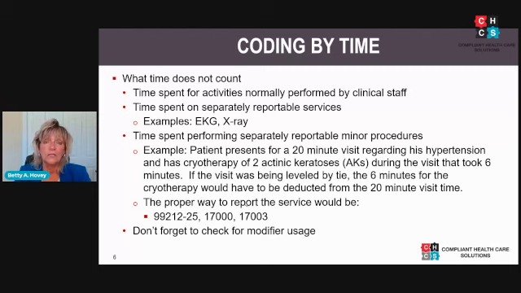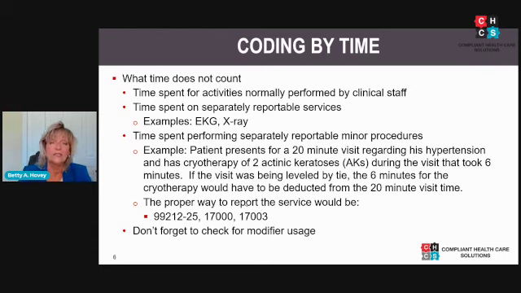Or it could be documented as a total of 14 minutes was spent in patient care today, not counting the time for the minor procedure. So that would be clear to a payor that it doesn't matter how long it took for the AKs to be done because they're being paid for separately. But for the visit itself, I have 14 minutes, and that's what I need to get paid on.